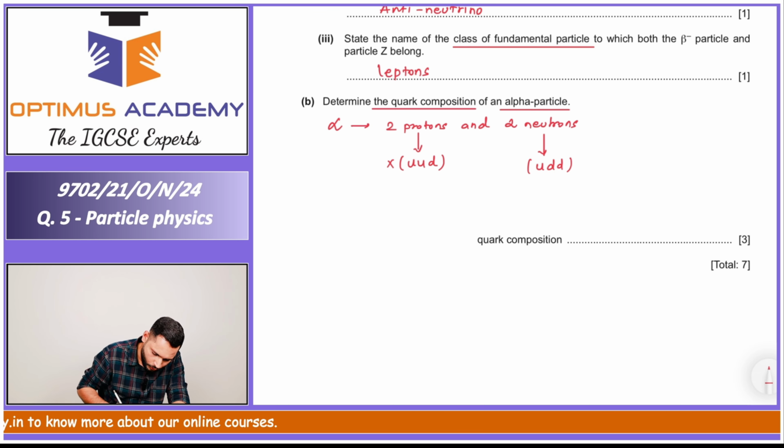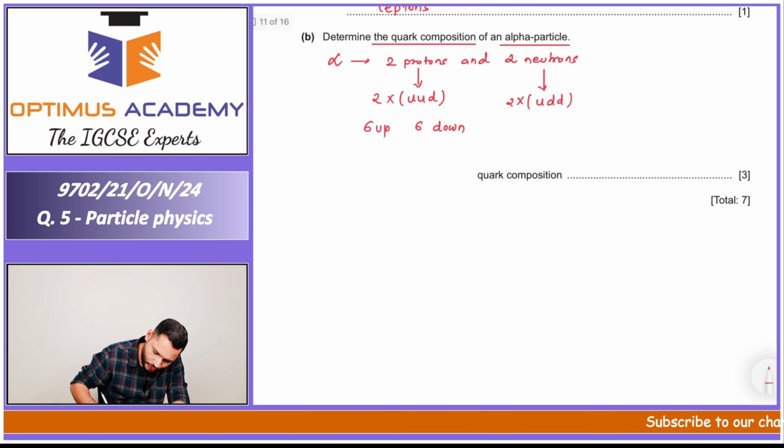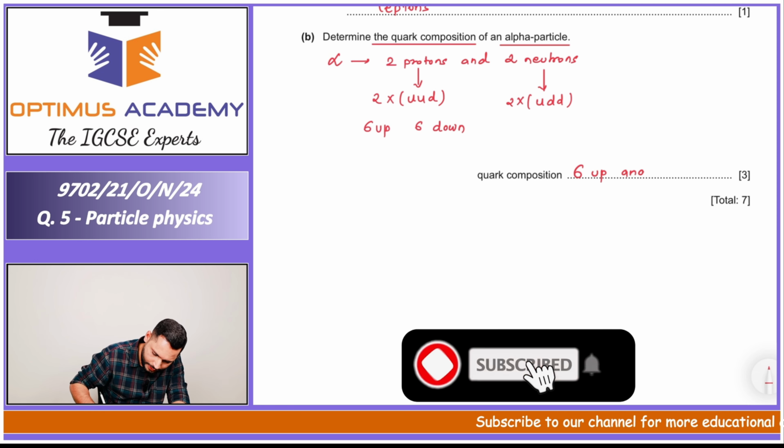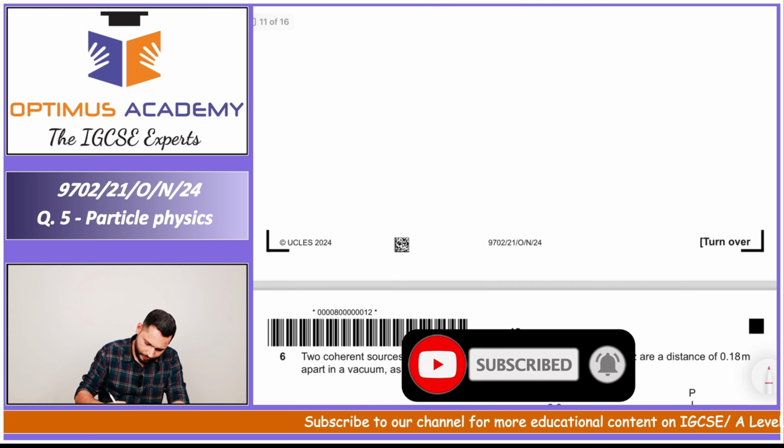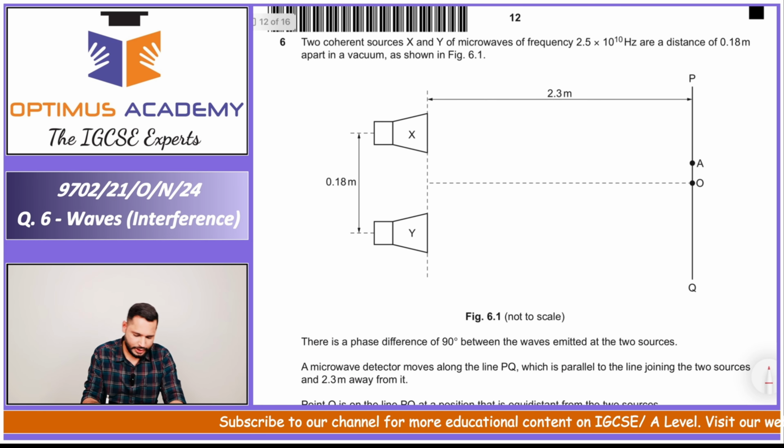If you multiply this by 2, you will have 6 up quarks and 6 down quarks. So the composition of alpha will be 6 up quarks and 6 down quarks. We will move to the next question, question number 6.